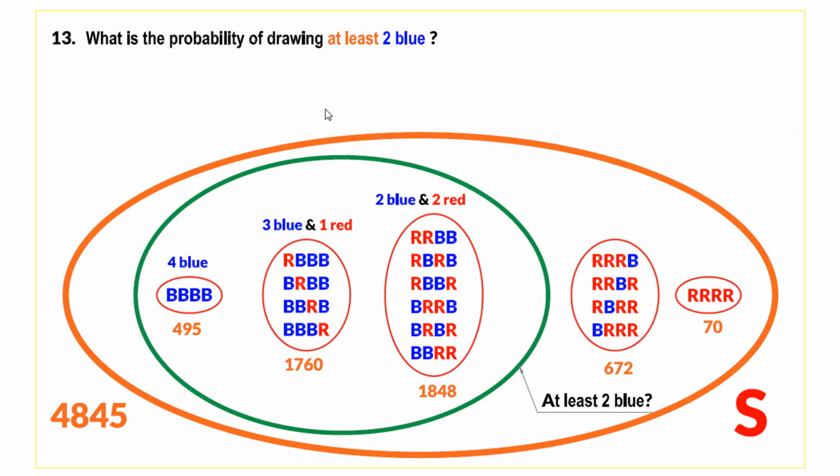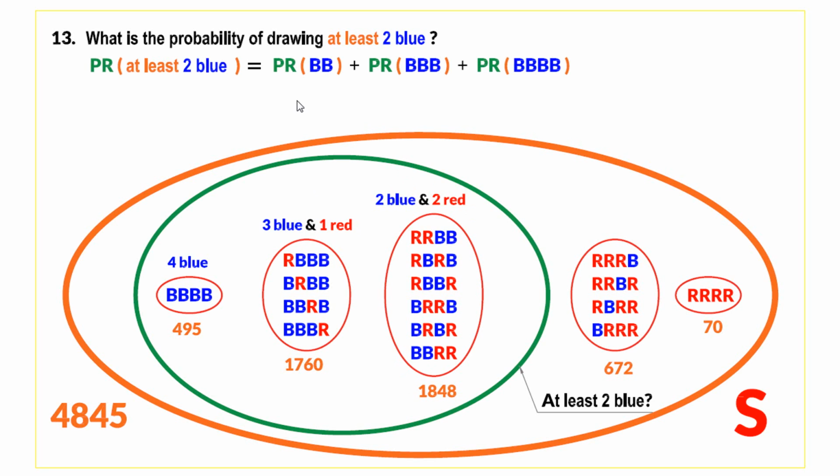Now the probability is the sum of the individual probabilities of these events. So the probability of at least 2 blue is the probability of picking 2 blue or 3 blue or 4 blue, and that is equal to 0.84 or 84%.